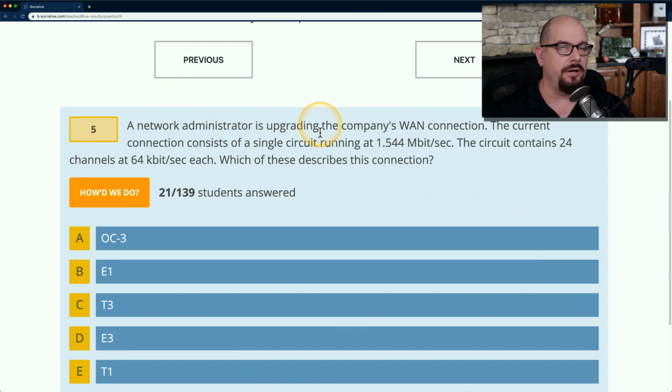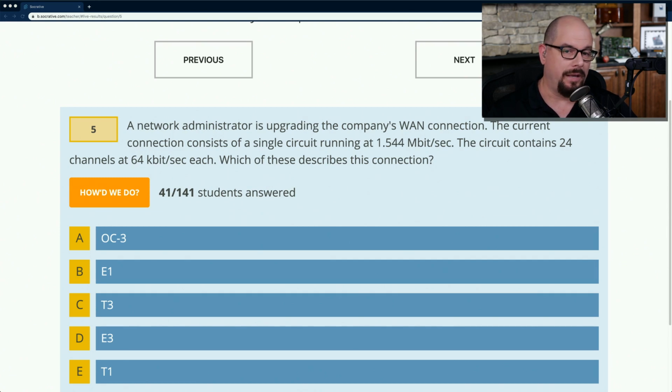So a network administrator is upgrading the company's WAN connection. The current connection consists of a single circuit running at 1.544 megabits per second. The circuit contains 24 channels at 64 kilobits a second each. Which of these describes this connection? I think we know what it is.